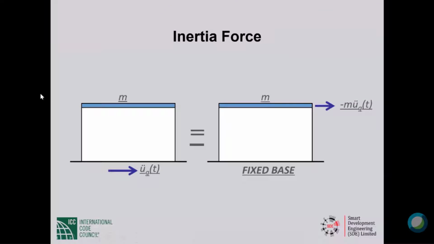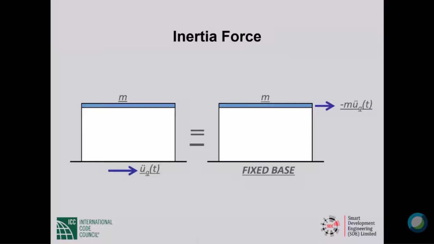If the acceleration at the base of the structure, the ground acceleration at the base of the structure, is U sub g double dot, U sub g is displacement of the ground. One dot is for first differential that will give you velocity. Second dot is second differential that will give you acceleration.